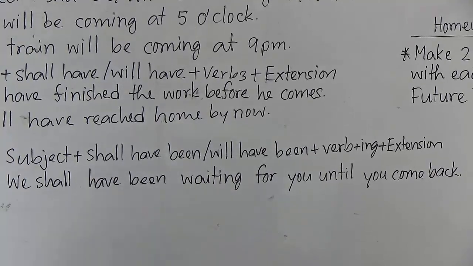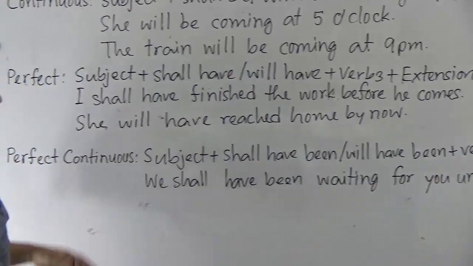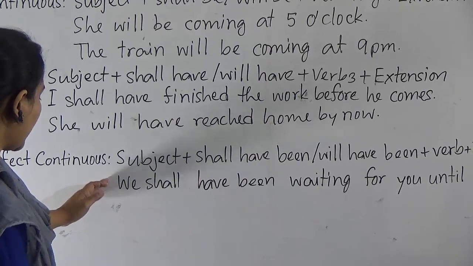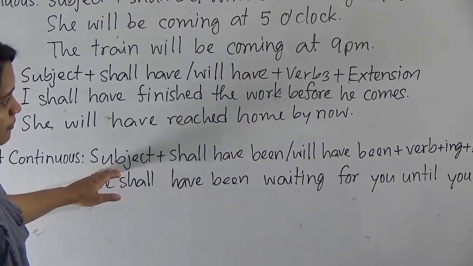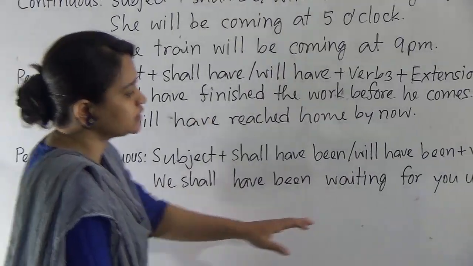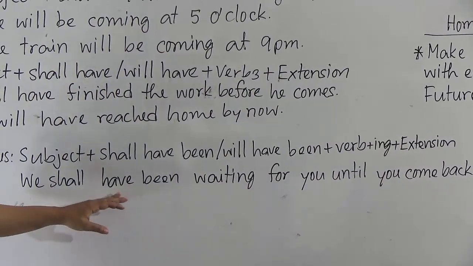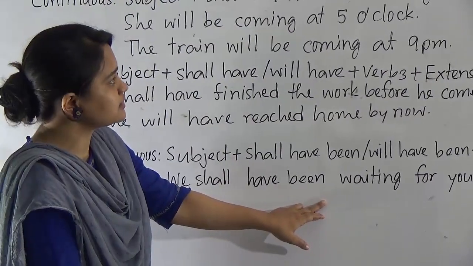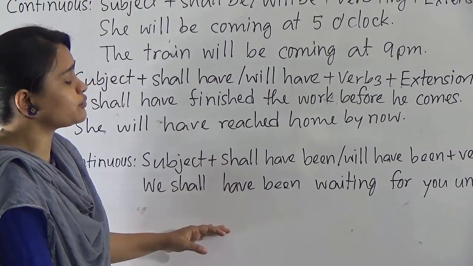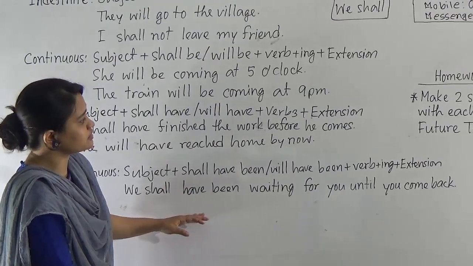So what we have learned is that future perfect continuous tense is used to show an action that will continue up until a particular event or time in the future. That means until you come back, we shall have been waiting for you. So this is future perfect continuous tense. And we use shall and will according to the subject. We use shall after I and we, and we use will after the rest of the subjects.